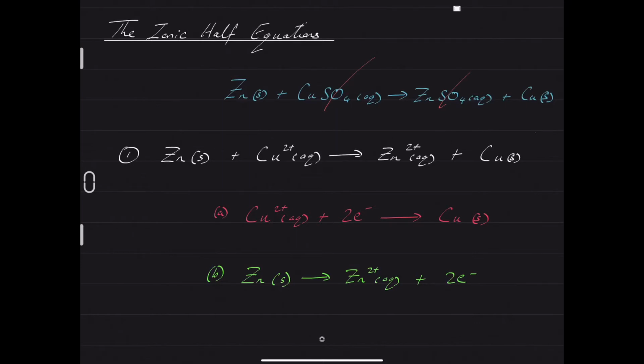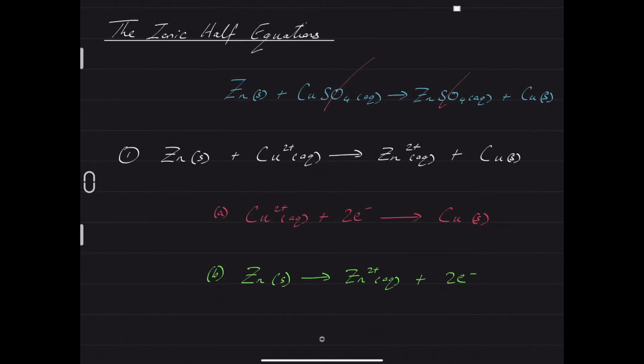Then we can further consider this reaction as a redox reaction made of two half equations. So we can break down this equation further into two half equations. If you're asked in an exam to write down the half equation, you need to be focusing on the red and the green segments of this reaction now.